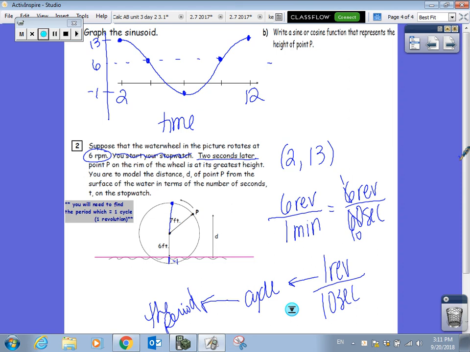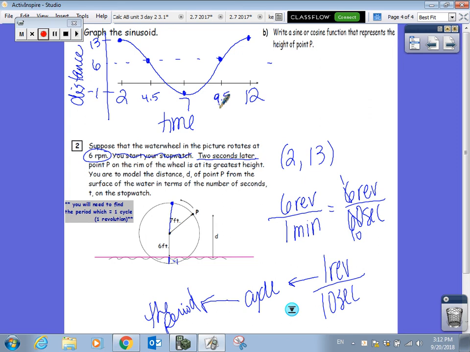Oh, I was just doing the middle point. Yes, 7. I forgot to label this, so this is distance. If we want to be more specific, distance from the surface of the water. Then 9 over 2, or 4.5, 19 over 2, or 9.5, whatever you want to say.